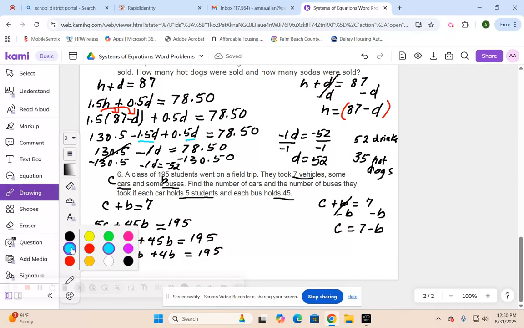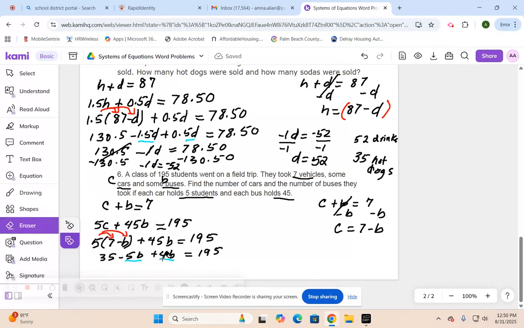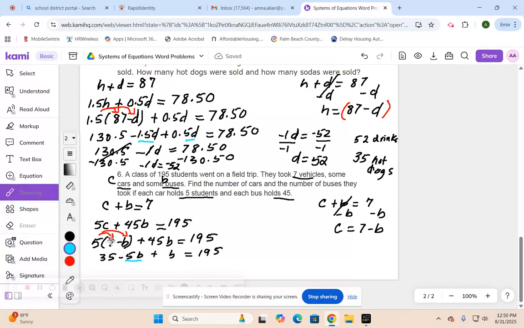Well, let's combine our like terms. Minus 5B and 45B. Let me fix that.